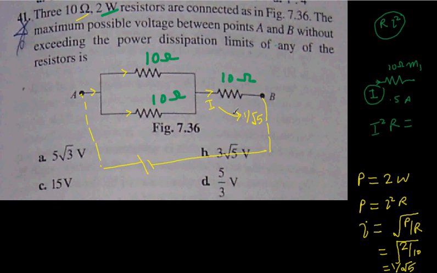Okay, it means we know the limit of the current that this whole circuit can sustain. That limit of current is 1 by root 5.